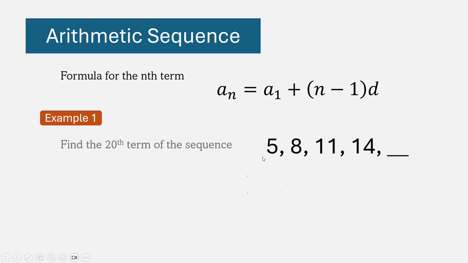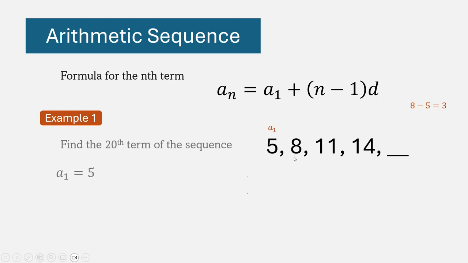For the 20th term, we know that a1, the first term here, is 5. Let us take note of that. Next, let us find the difference between two adjacent terms.